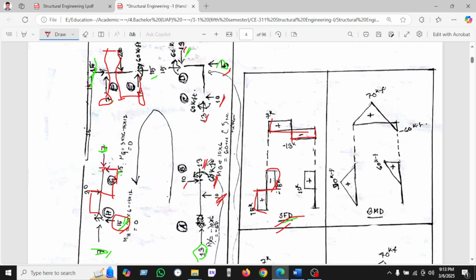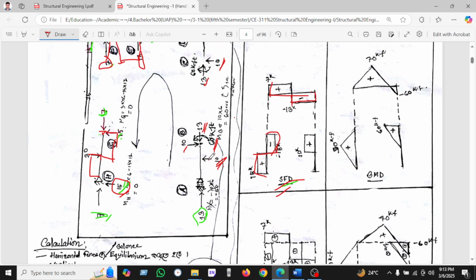In another portion, we see the 10 kip load going to the left side, and this is the 10 load we used for equilibrium, and it will be 0. So in this way we are taking the 0.